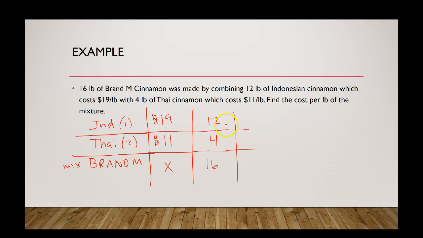Notice that in this one, our pounds are not the unknown. 12 plus 4 gives you 16. The price is the unknown. Because we know all the other 5 pieces, we just have one that's an expression part. So if I go ahead and again multiply as you move across, 19 times 12 gives you 228. 11 times 4 is 44, and x times 16 is 16x.